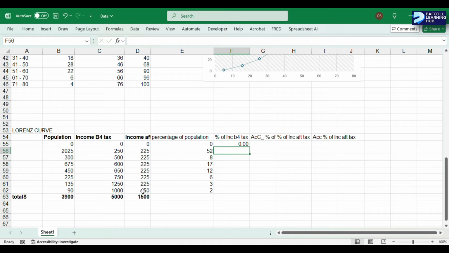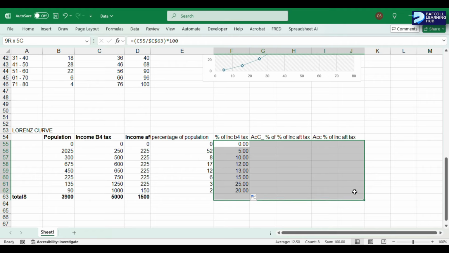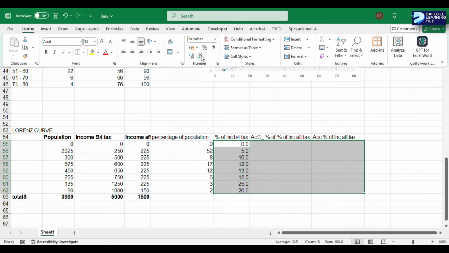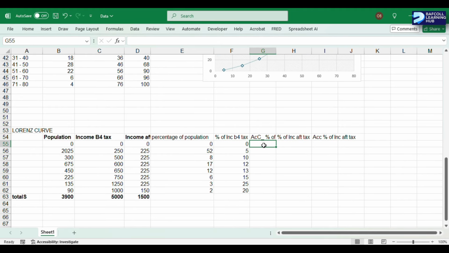As usual, this gives me 5, 10, 12, 13, 15, 25, and 20. Let me reduce the decimals, otherwise I'll keep going back and forth.